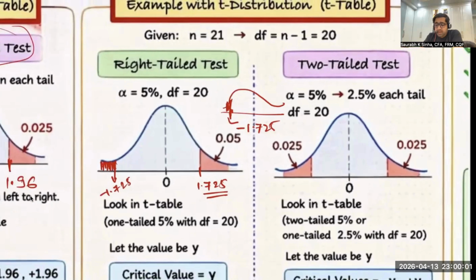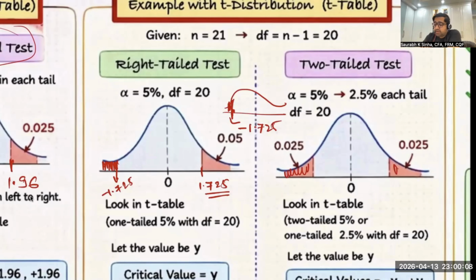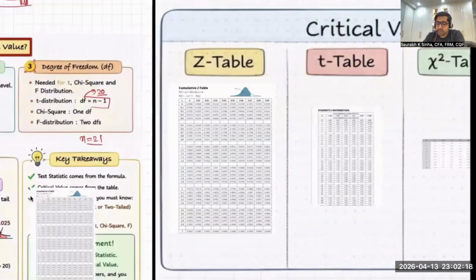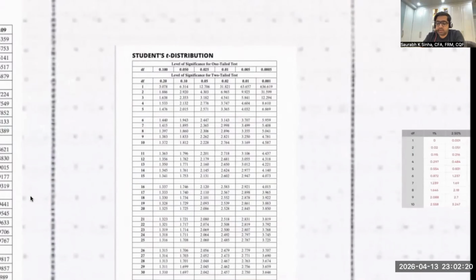But if this would have been a two tail test, then what you have to do is cover 2.5% area equally in both tails, right tail and left tail. Because this is a two tail test, we look for 2.5% area in one tail, or 5% area for two tails, because both are given in the t distribution.